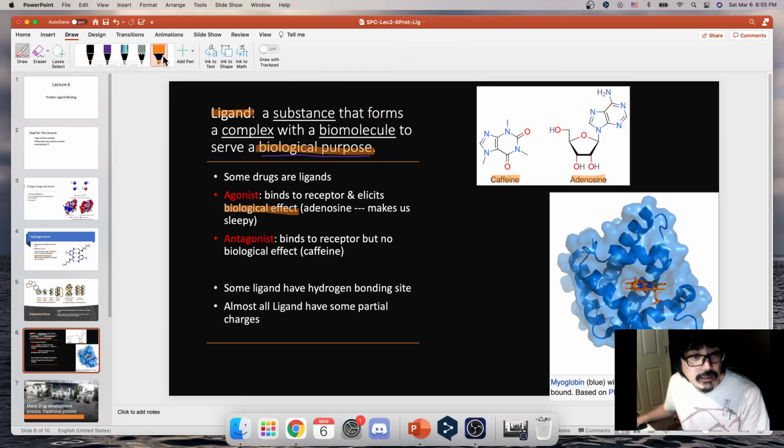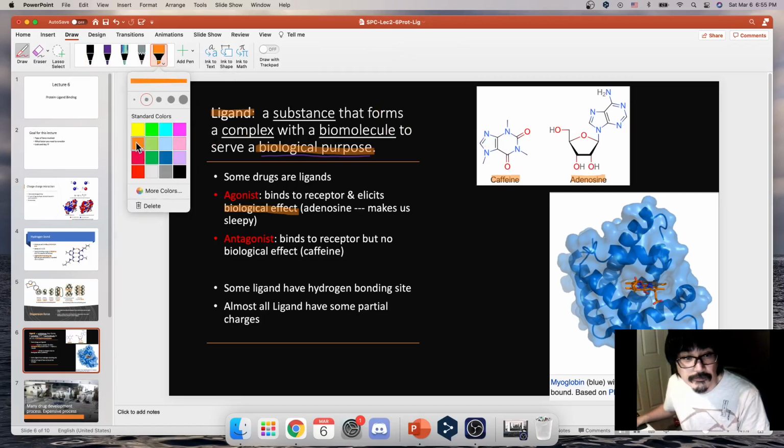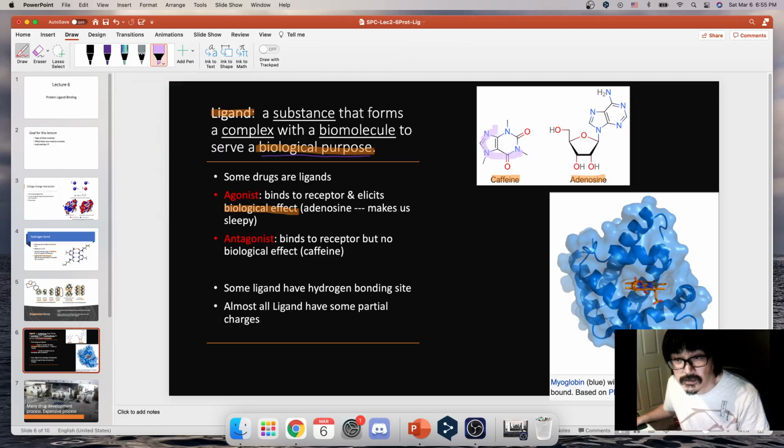If you take a look at the structure right here, the structure of this 5-6 ring is similar, right? So it probably binds to a similar binding site, or to the same receptors. And one makes us sleepy and one doesn't. So drinking caffeine is probably good for you right before the exam.